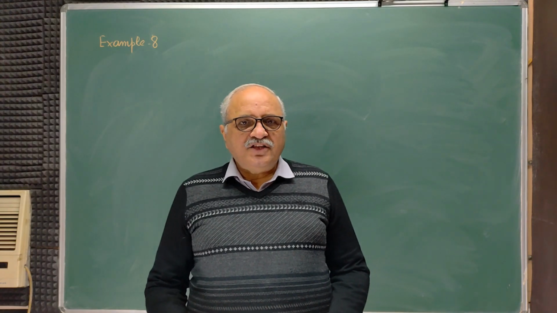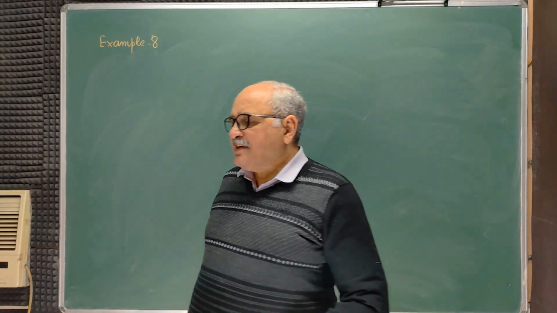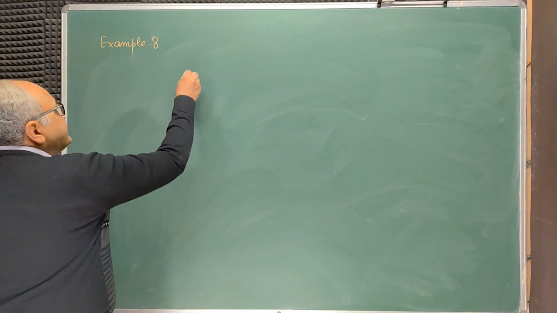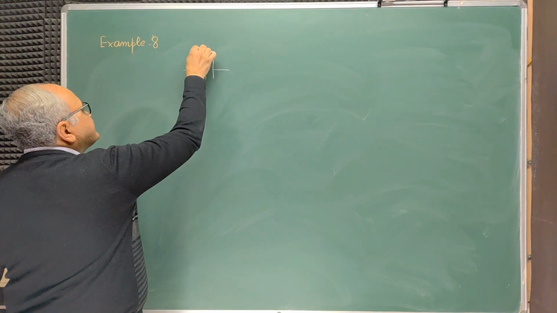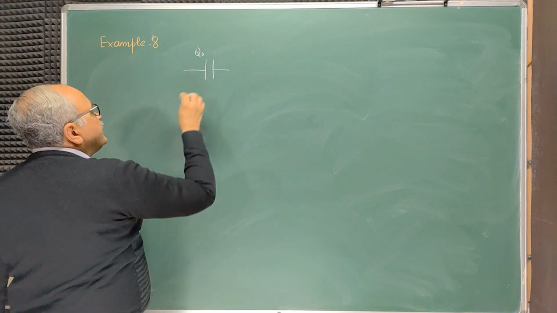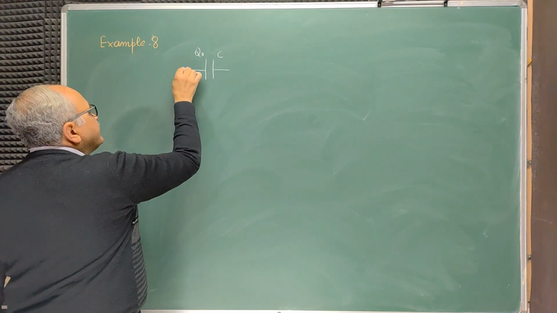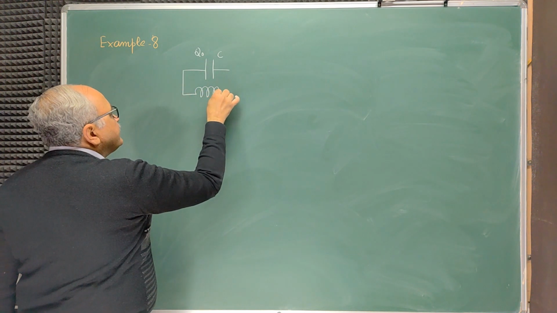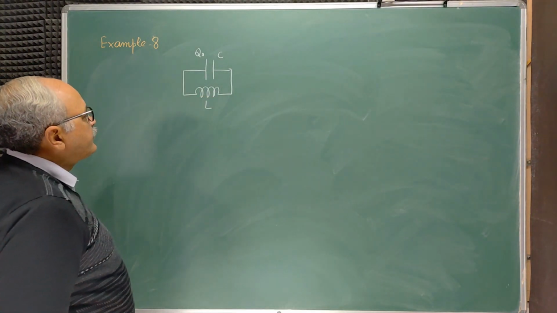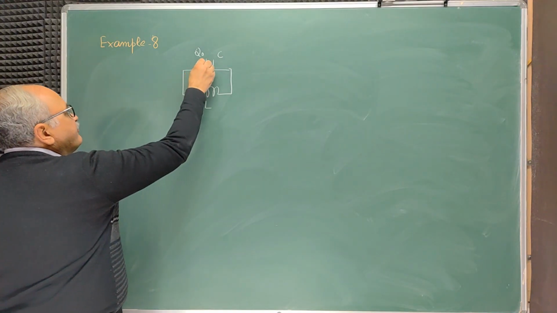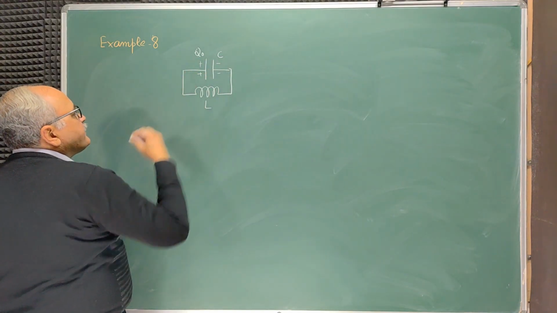Now let's take the 8th example. In this it is given that there is a capacitor which has a maximum charge, say Q0, with capacitance C, and it is now connected to an inductor L. Now what happens when you connect it like this?